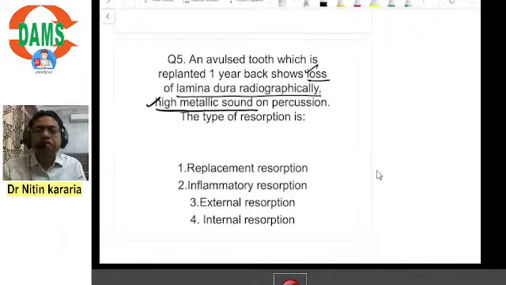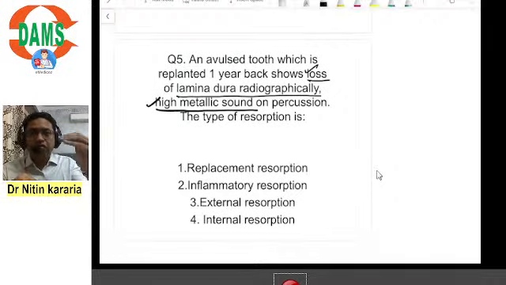Whenever the tooth is replanted back, it is likely that some residual infected PDL cells are there, which would initiate an inflammatory response that would result in external inflammatory resorption of the tooth. So what is the most common sequela of an avulsed tooth? It is external inflammatory resorption.